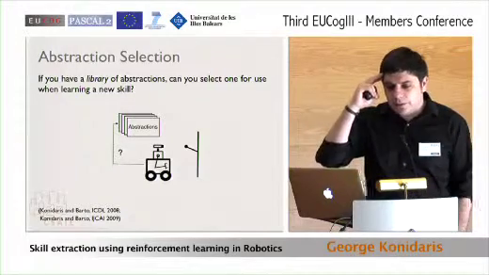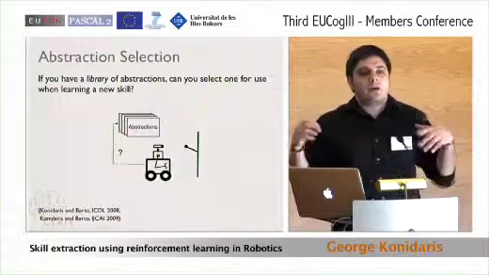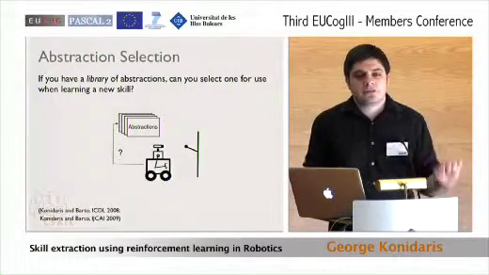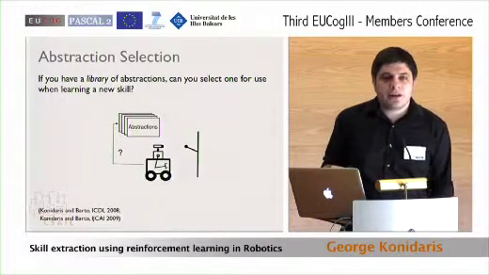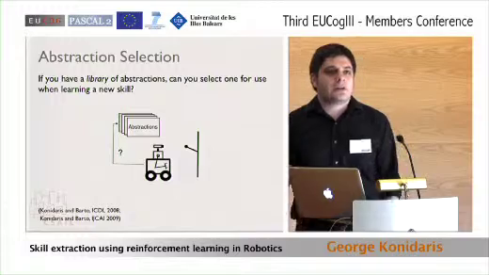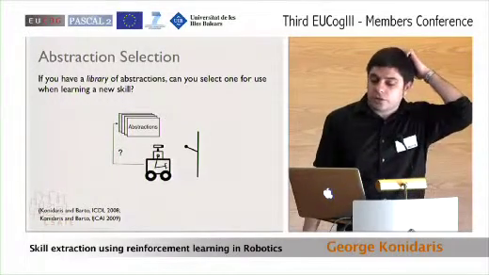So I came up with this intermediate solution, which is if we have a library of abstractions, that is, if I program 30 or 40 or 200 abstractions into the robot in advance, then when it learns a skill, can I ask it to pick out the appropriate abstractions so that it can learn that skill efficiently? So this is called abstraction selection.